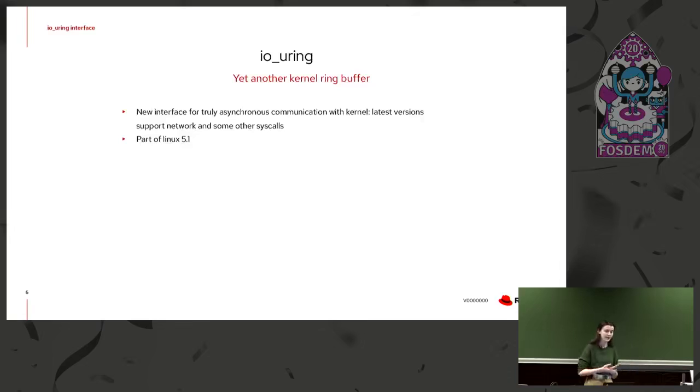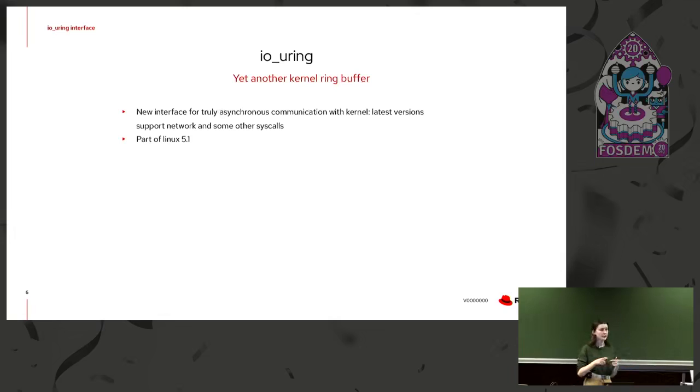What is I/O ring? It is a new, truly asynchronous interface, which was created for block devices, but now it can do everything. It's just a good interface to pass messages to the kernel in an asynchronous way. So you can pass network requests also and do other syscalls.